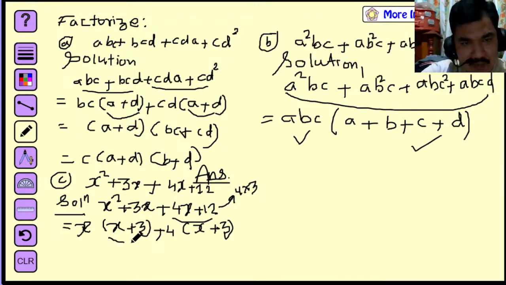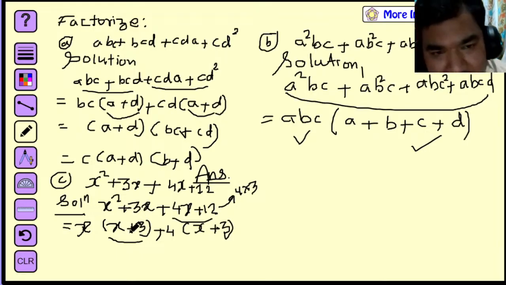Now look at it, our grouping is correct because after taking common, here the remaining is x plus 3, and here the remaining is also x plus 3. Then let's take x plus 3 common now.